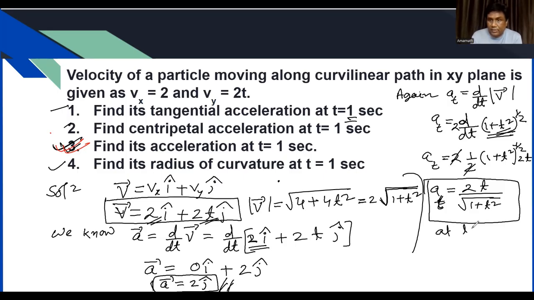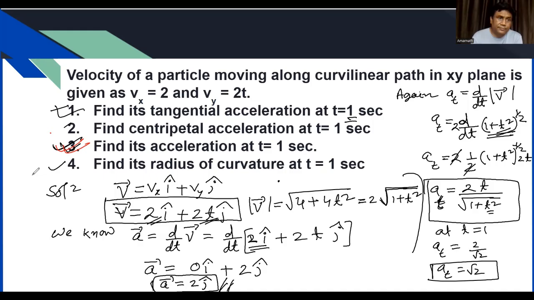At t equal to 1 second, 1 plus 1 is 2, so at will be root 2. At t equal to 1 second, tangential acceleration is root 2.